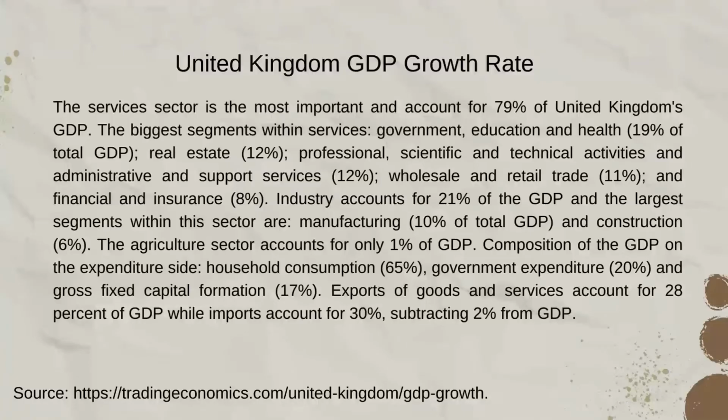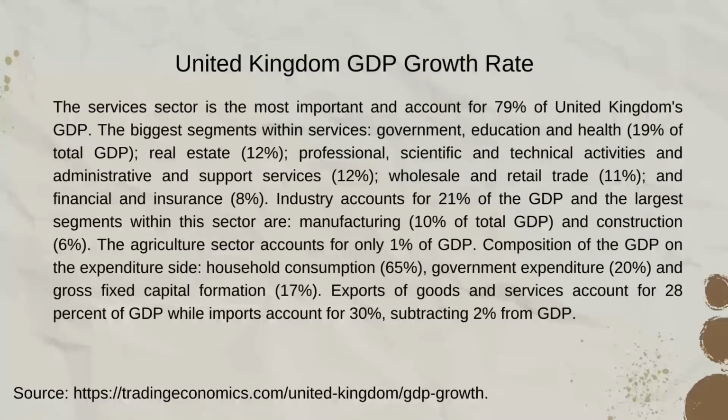Industry accounts for 21% of GDP, and the largest segments within it are manufacturing, 10% of total GDP, and construction, 6%. The agriculture sector accounts for only 1% of GDP.